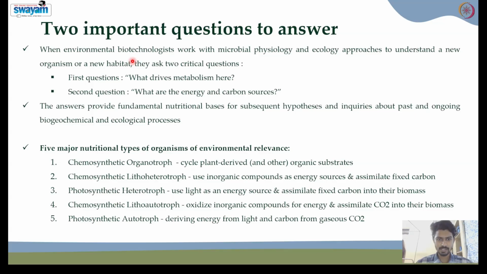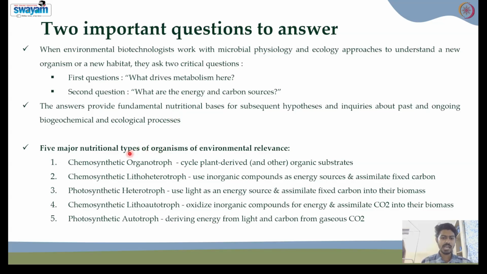And the next question is, what are all the energy and carbon sources that are available for the microbial system in order to drive this metabolism? If you could answer these two questions, then our understanding of microbial physiology and microbial ecology is up to the mark. So the answers provide a nutritional basis for carrying out these biochemical and ecological processes.